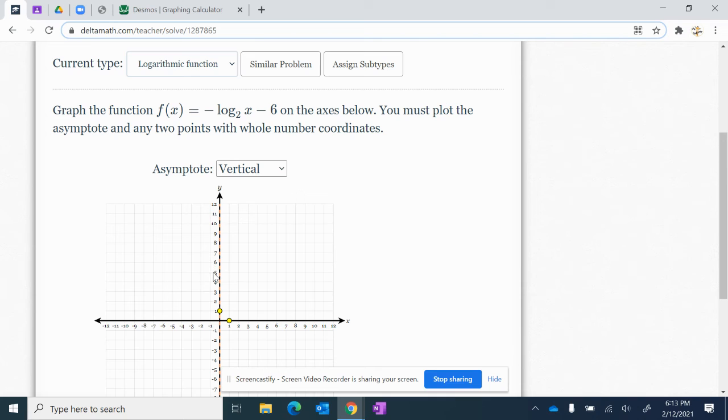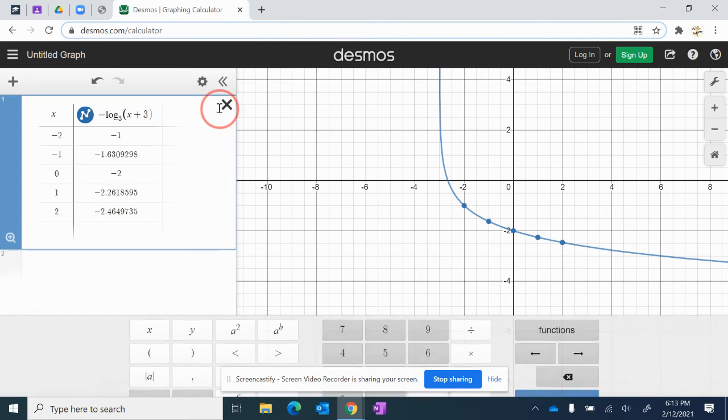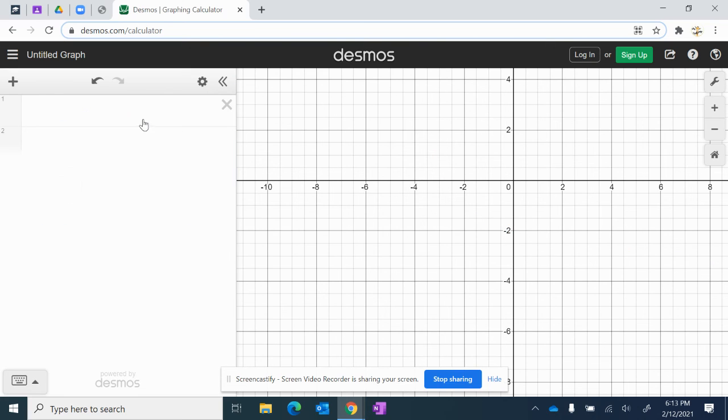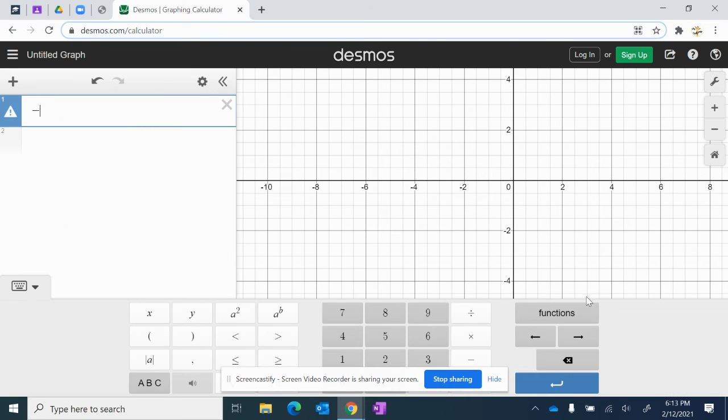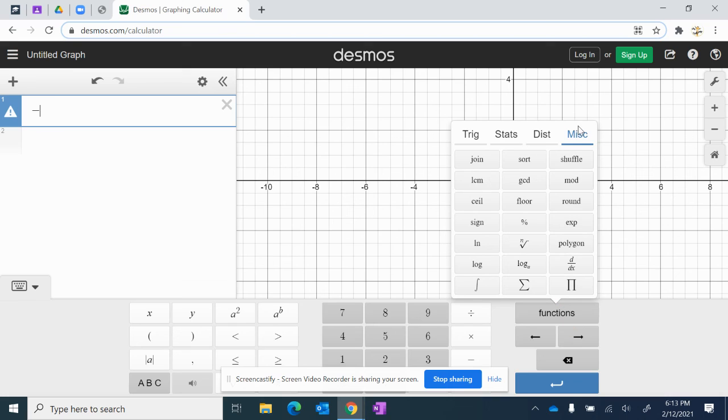It's at 0. Okay, I still have to figure out 2 points, so I'm going to type this in. So negative log of 2 of x, that's the only thing that will go in parentheses, and the -6 will go outside. Okay, so negative functions, miscellaneous, this little log thing.